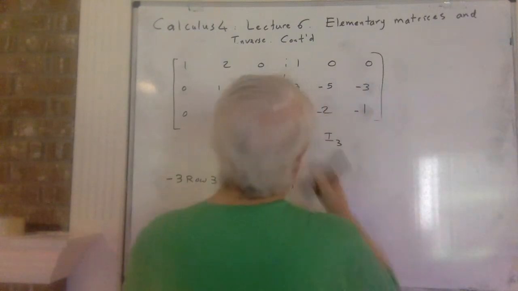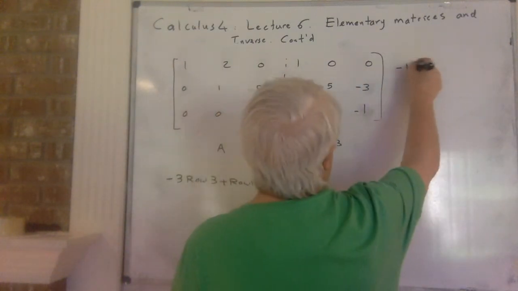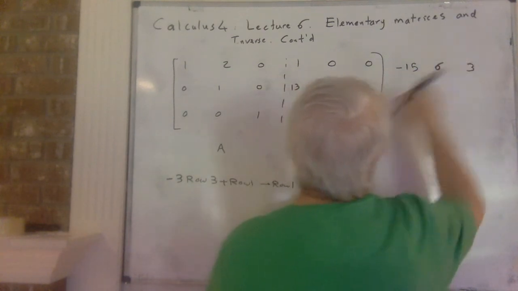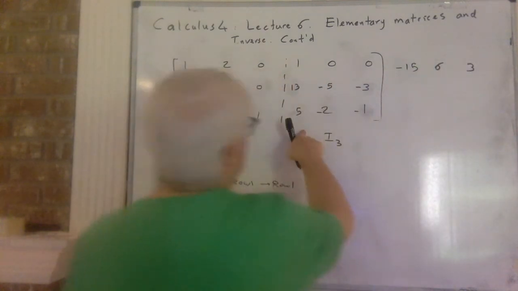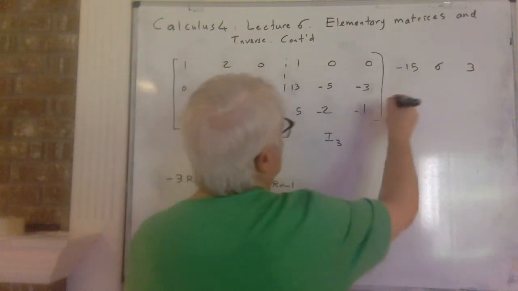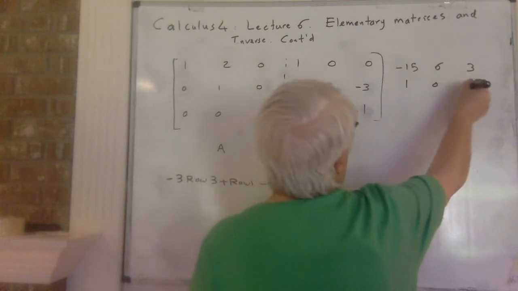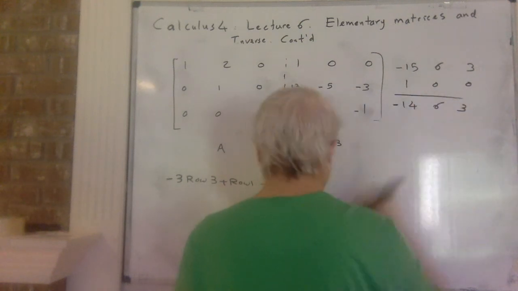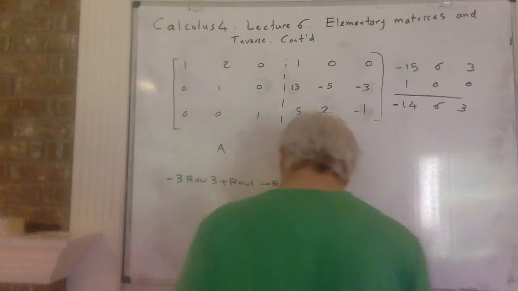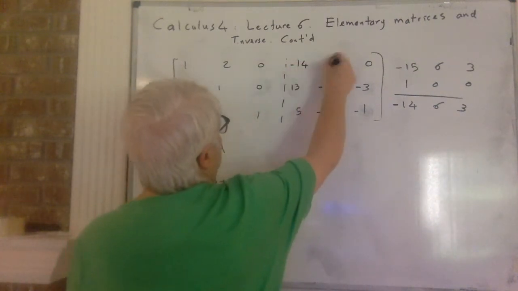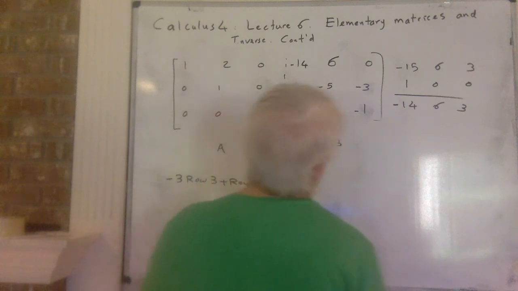So minus 3 times this is minus 15, minus 3 times this is 6 and 3, and add it to this 1, 0, 0. So I have minus 14, 6, and 3.